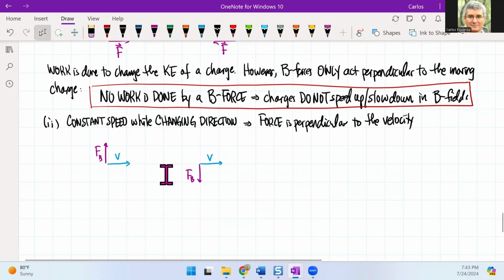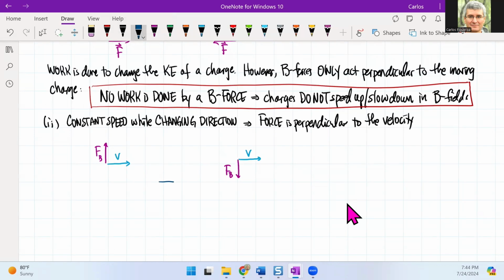What's going to happen? Let me spread these out a little bit more. What you're going to see here is that now this charge is going to start to move. It's going to circle around.